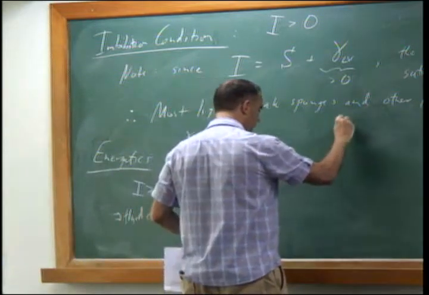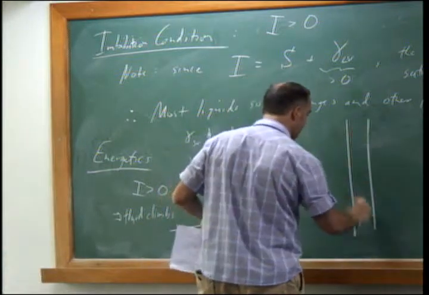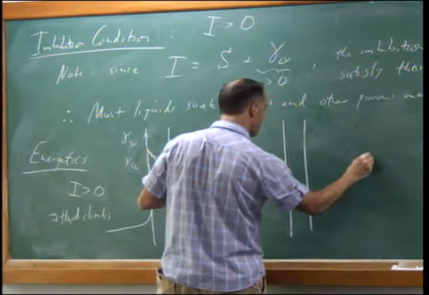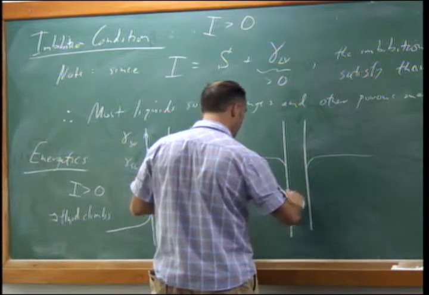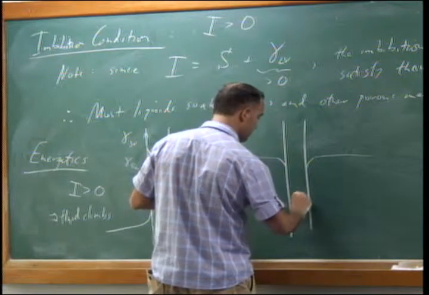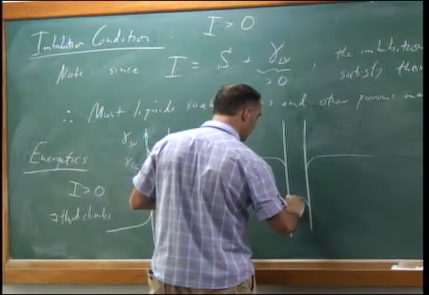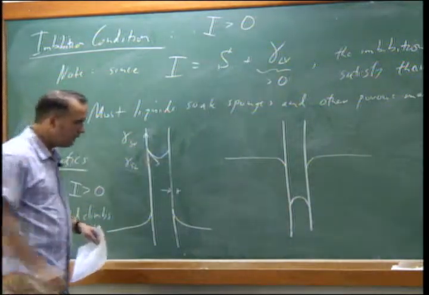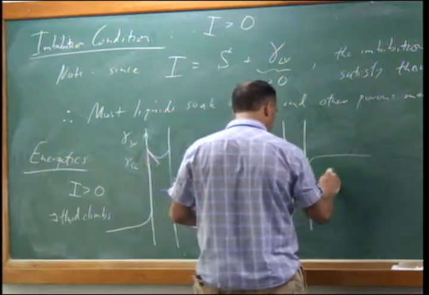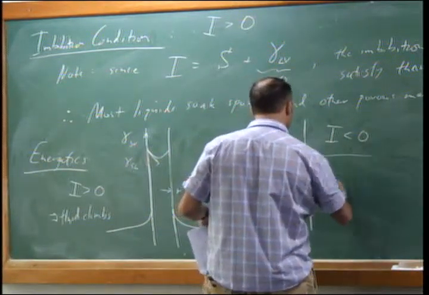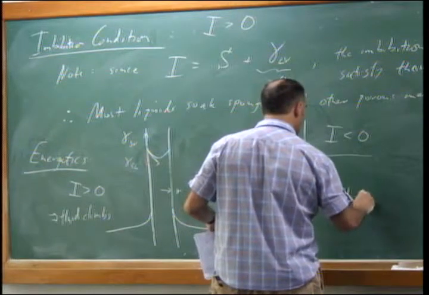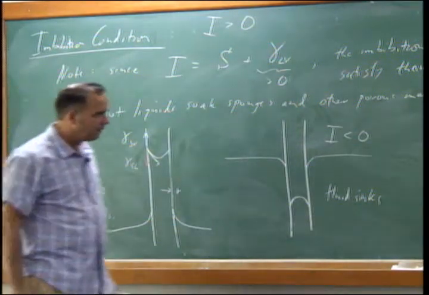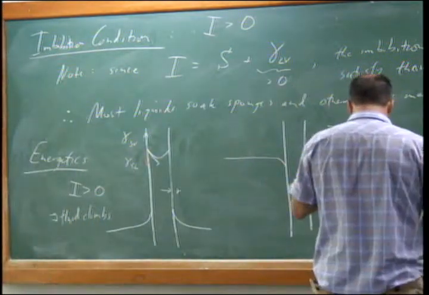And if I is less than 0, that is to say the contact angle is on the opposite side of pi by 2, then the fluid sinks. So one can have both situations just depending on this I parameter.